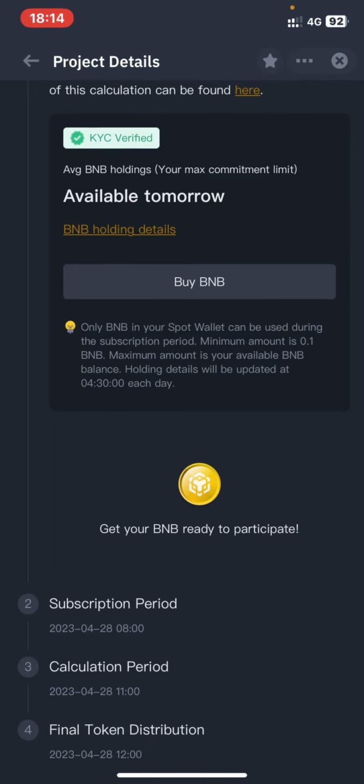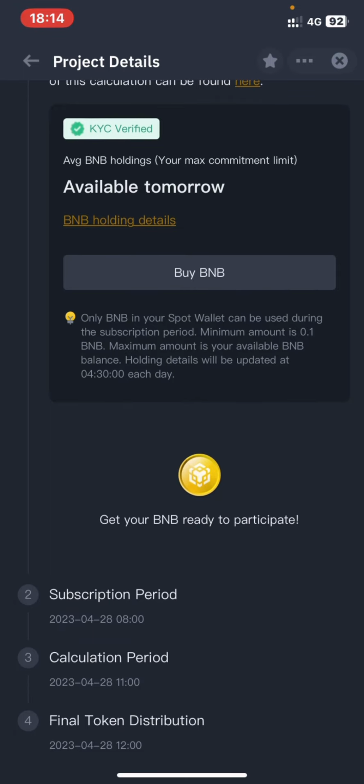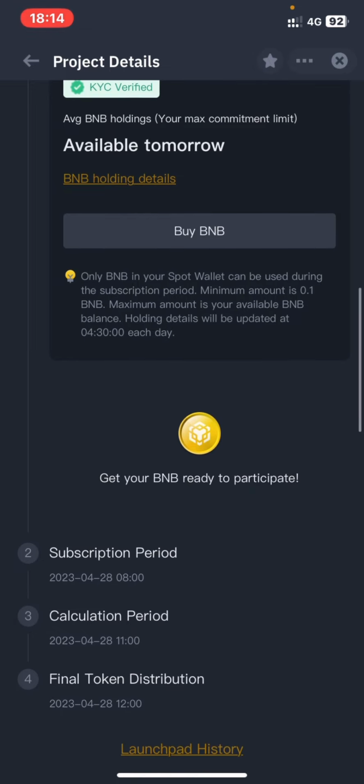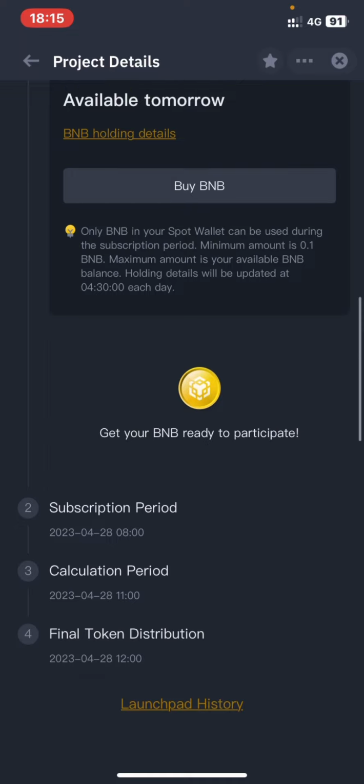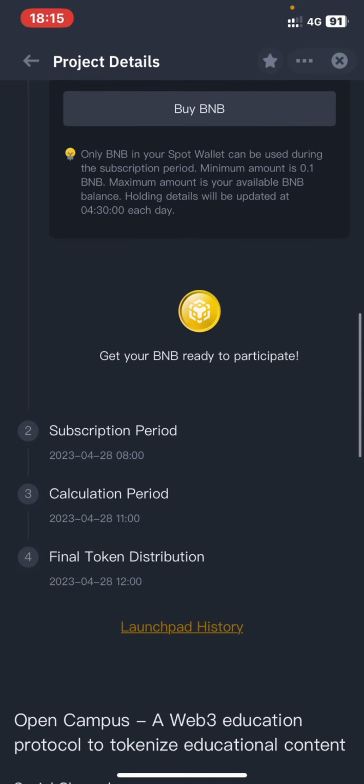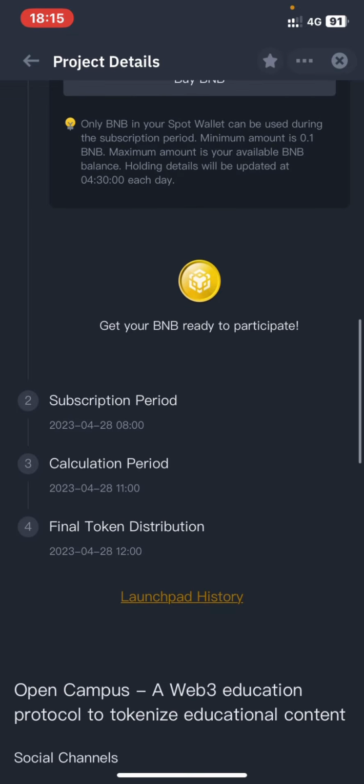Minimum amount is 0.1 BNB. Maximum amount is your available BNB balance. Holding details will be updated at 4:30 each day. Get your BNB ready to participate.